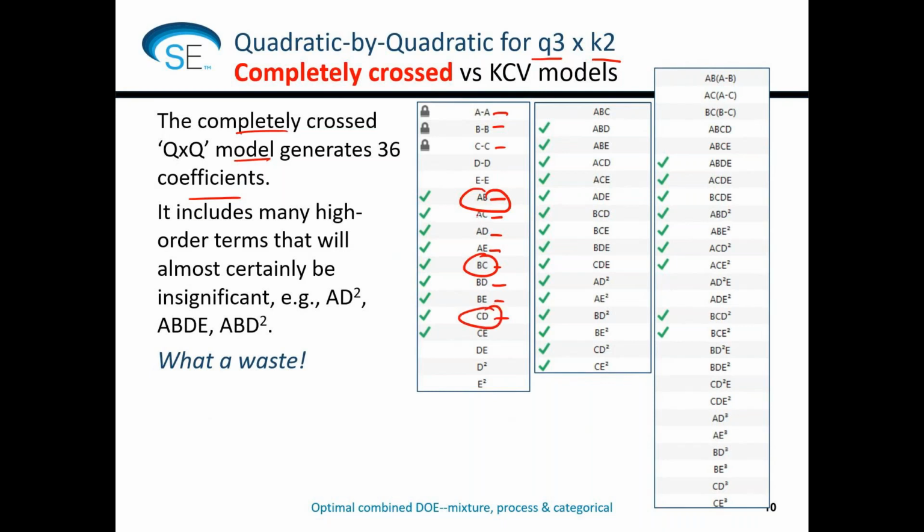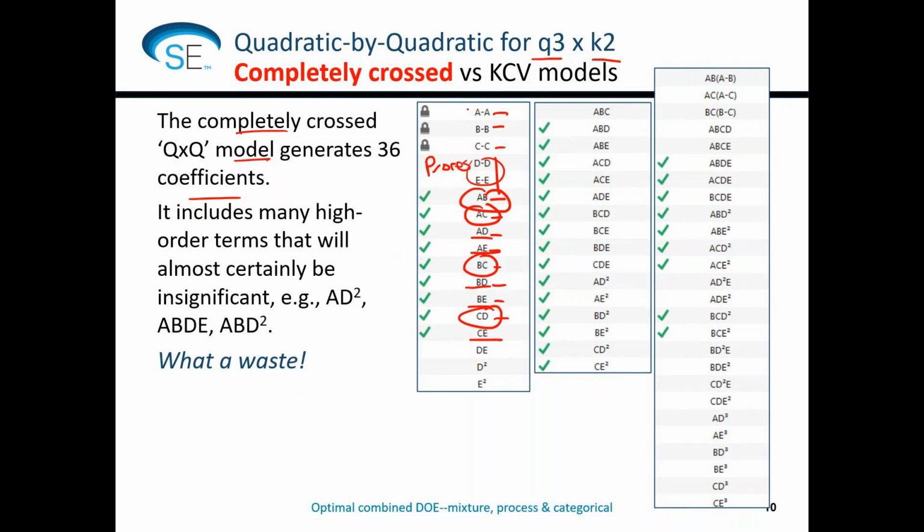And then these terms that involve the process factors, which are D and E, are going to give you the combination of, let's say, component A with factor D, component A with factor E, and so forth like that. So that's where these two terms have gone.